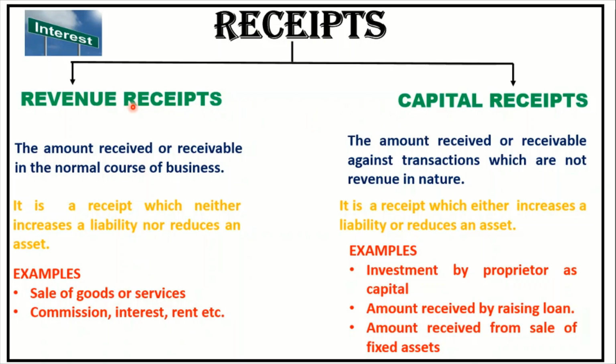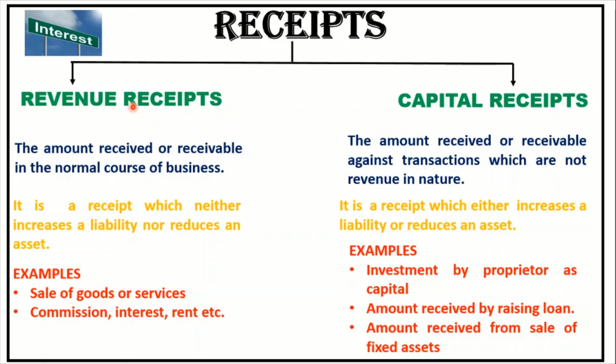Now, revenue receipts are the receipts which are received by the business entity in the normal course of business. Normally, of course, they receive the sale amount, the sale price. Sale of goods is a normal receipt for the business entity, so it is one example of revenue receipts.